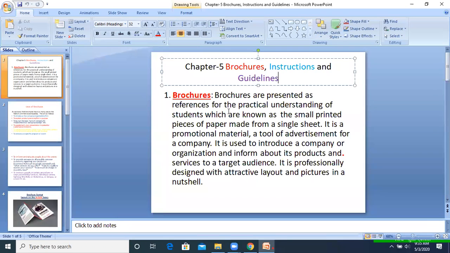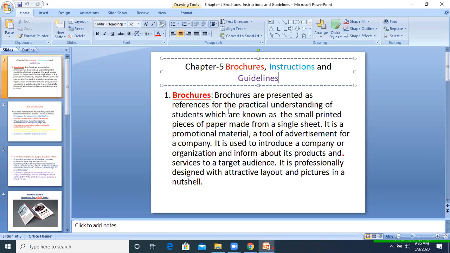And we should have both types of knowledge. If a student is theoretically strong and practically weak, our life cannot be better. That's why we should have sound knowledge both practically and theoretically. So, what is the brochure?